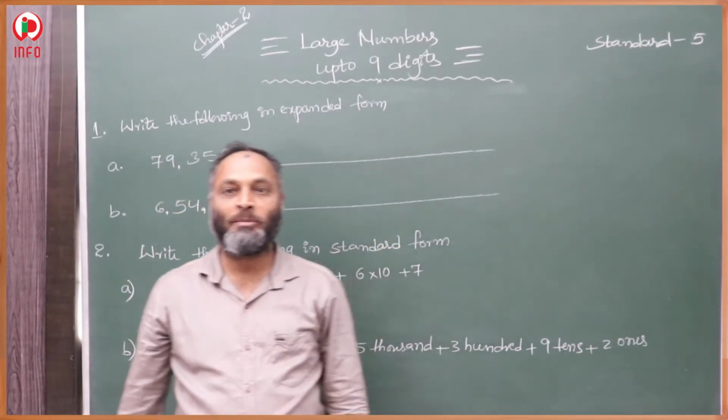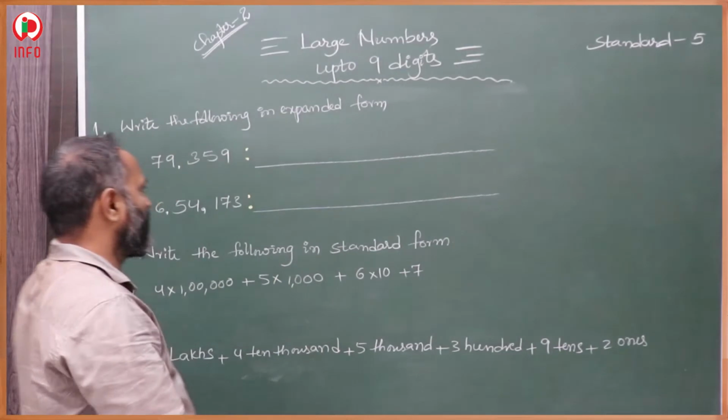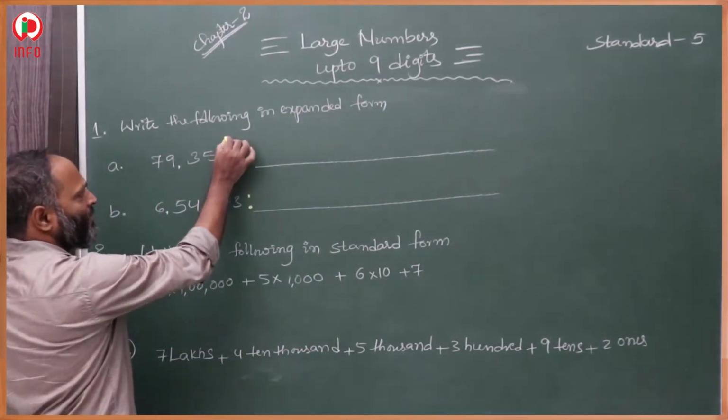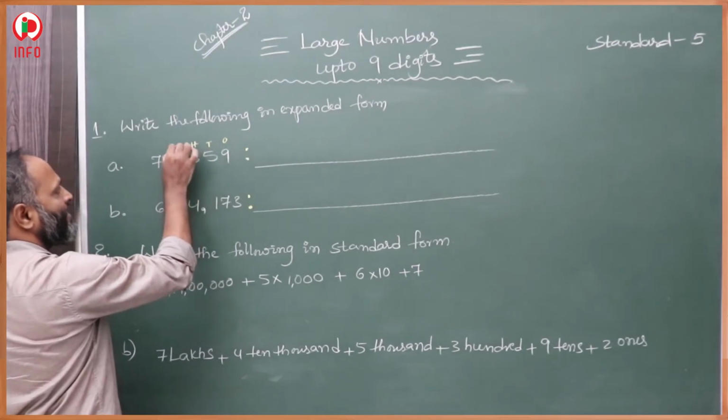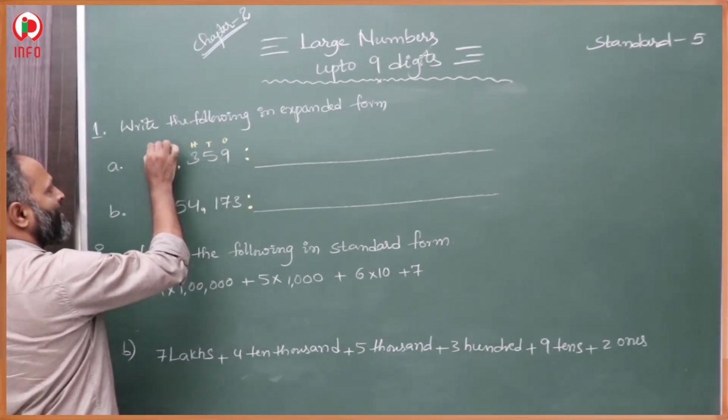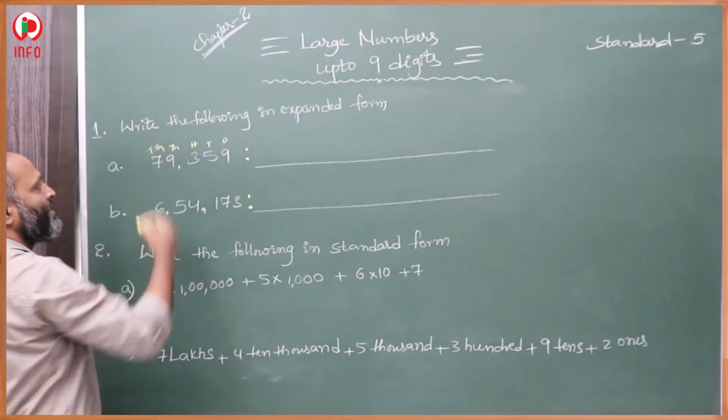Then how to write in expanded form. See here, first the number of digits. This is ones place, tens place, hundreds place, thousands place, and 10,000s place.